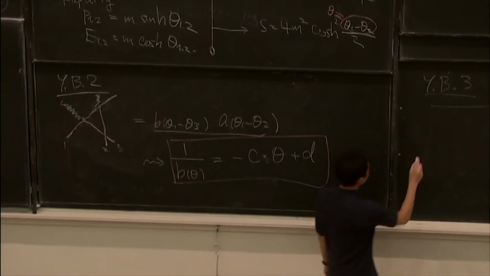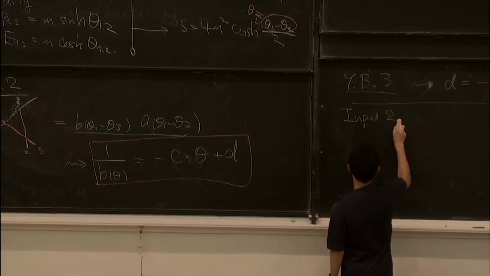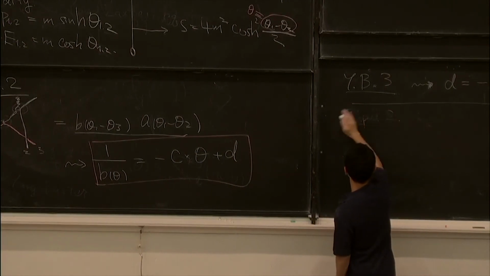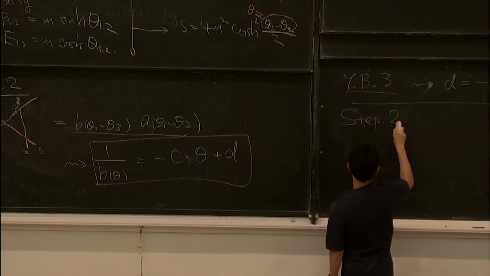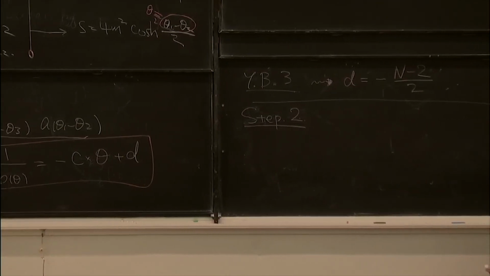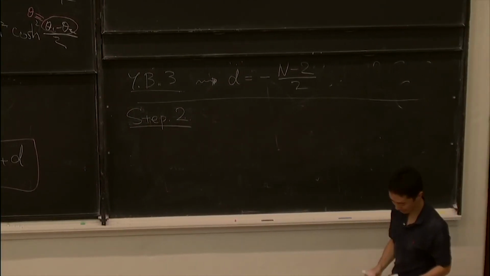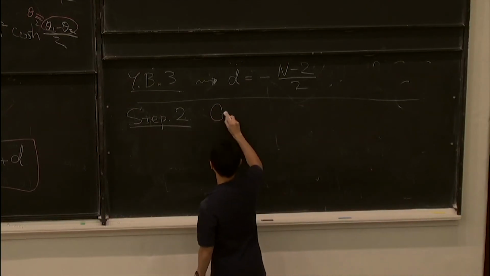Now step 2: analyze the consequence of the other two axioms. I first analyzed the Young-Baxter equation, and the next step is to analyze the crossing symmetry.